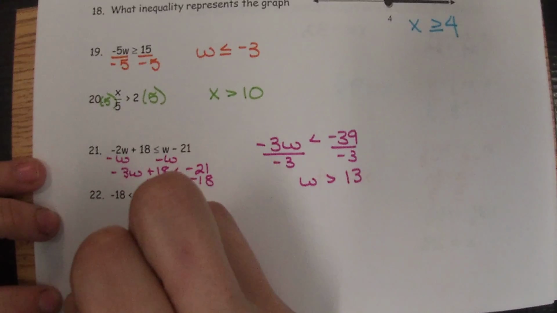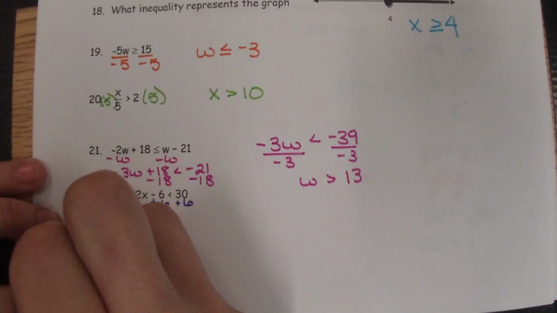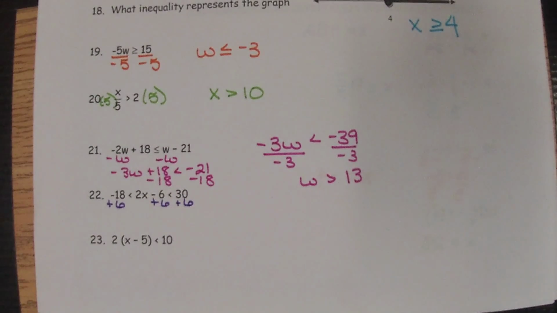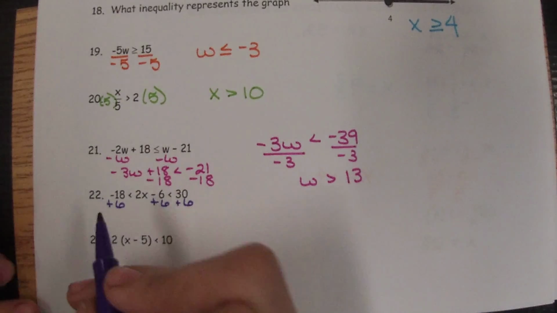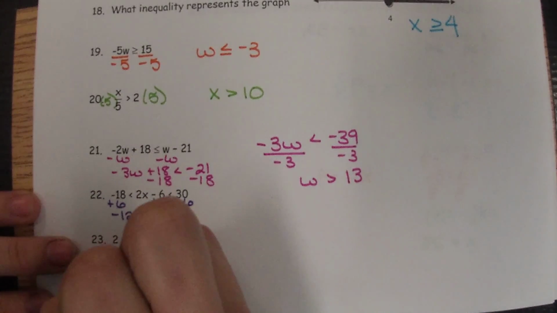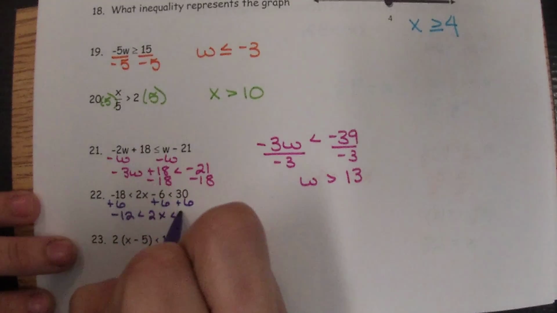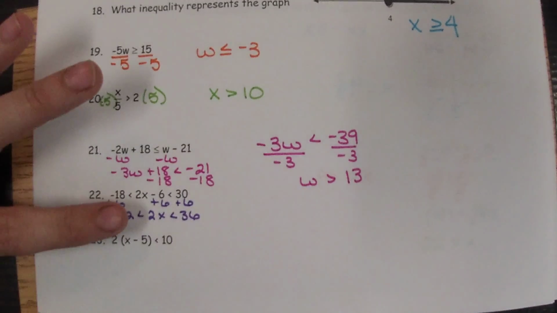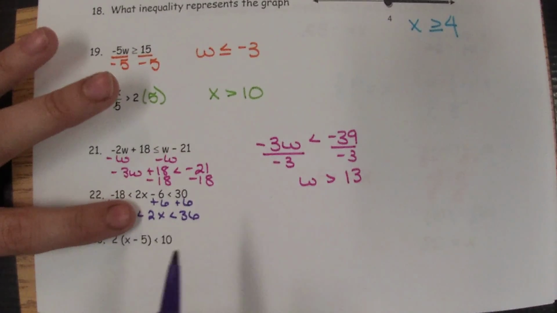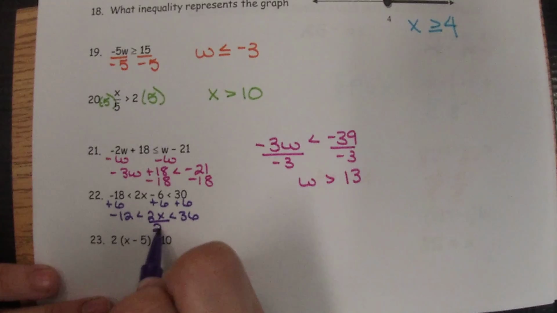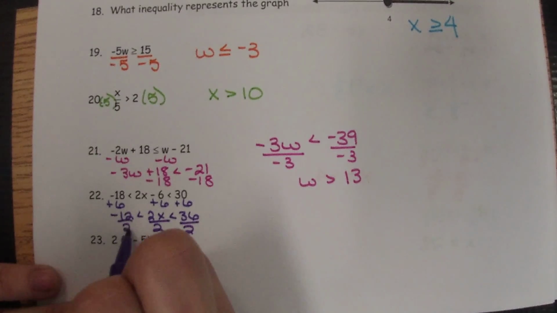Number 22 is a compound inequality. This is compound and, so when we use the inverse operation, we're putting it in all three places. Again, we're sort of covering up. We say that this is 2x. We undo multiplication with division, but we're dividing in all three places.